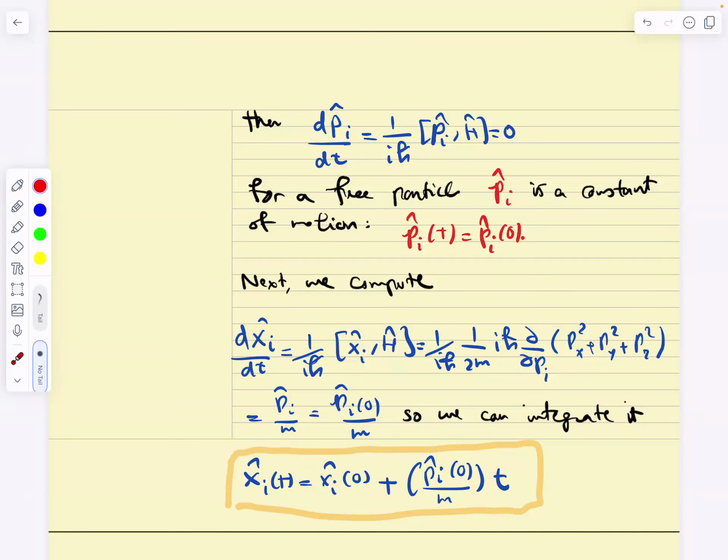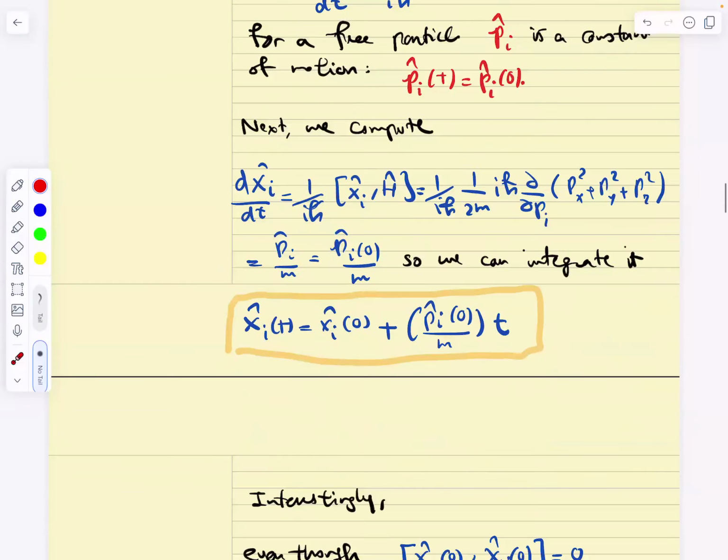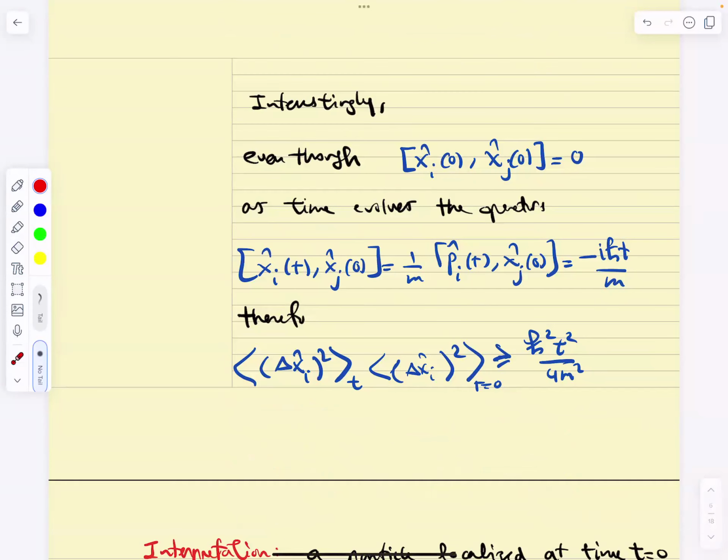It's my next slide. Up to here, everything seems like quantum mechanics is behaving as if it's classical physics, but that's deceiving. Okay, there's something funky going on. Xi at time 0 and xj at time 0, of course, commute. But would xi at time t and xj at time 0 commute?